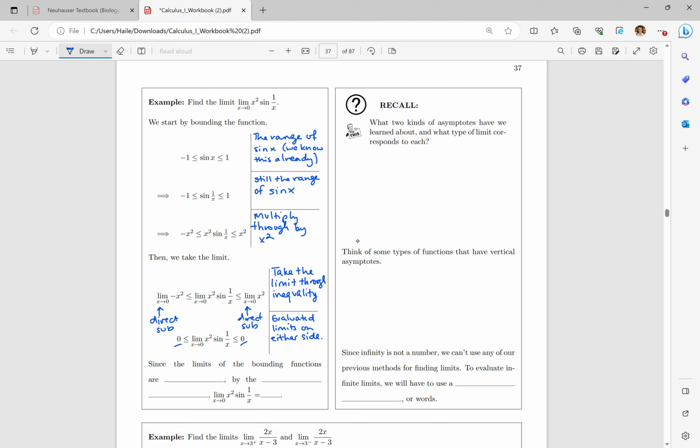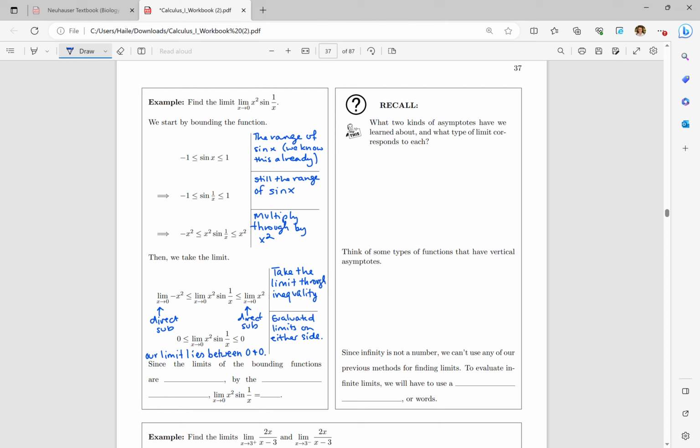Okay, the important thing here is that both of those limits gave us the same answer. We got 0 here, 0 here, so what we're saying is this limit that we wanted to find lies between 0 and 0. So maybe let's write that down. Our limit lies between 0 and 0.